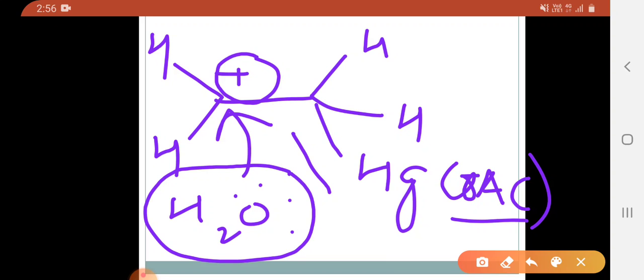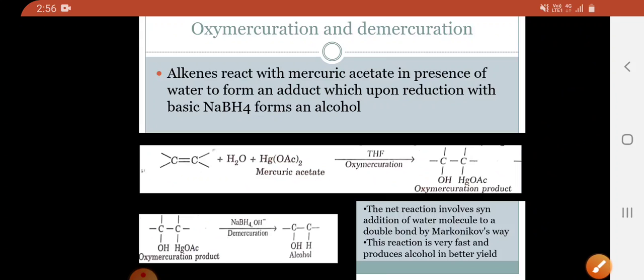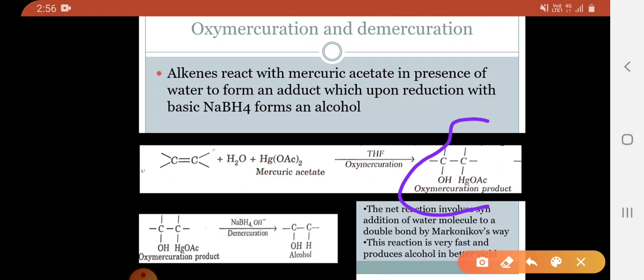It breaks down into H positive and OH negative; the H positive leaves, and OH negative, a neat nucleophile, adds onto this positive carbon. So you see the product, which I call the adduct, and this reaction happens in THF. This step is called oxymercuration.